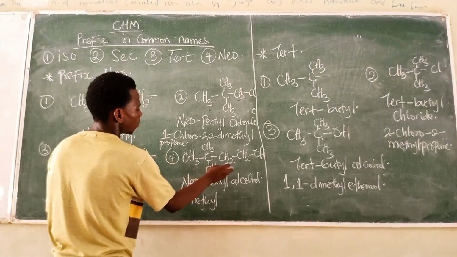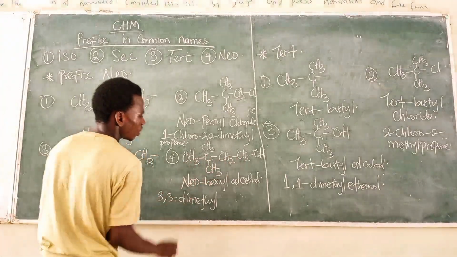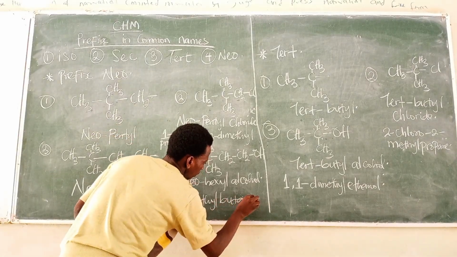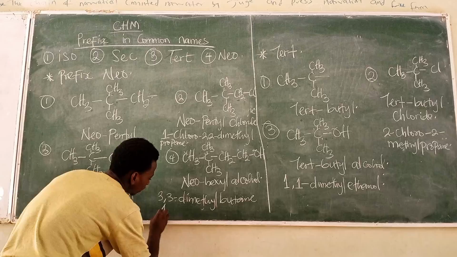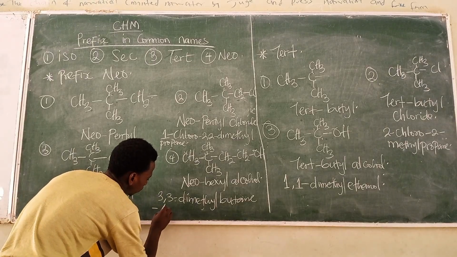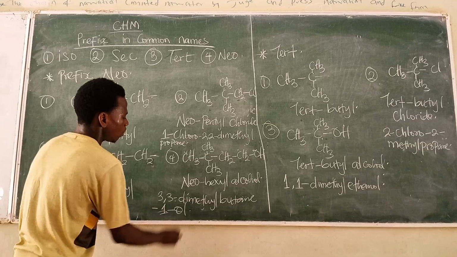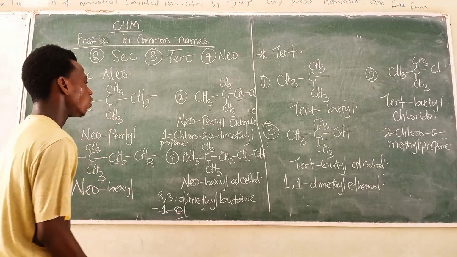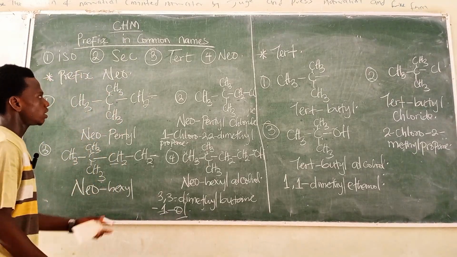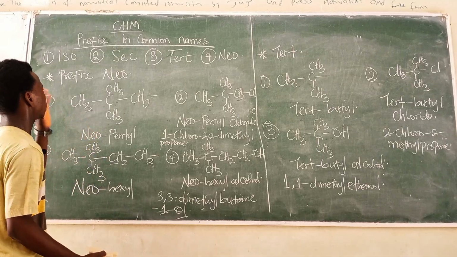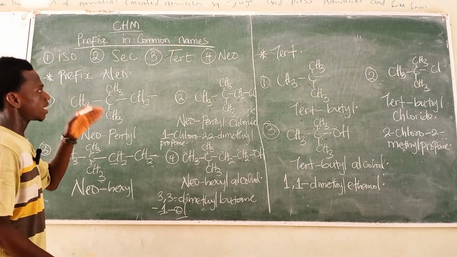The longest continuous carbon chain is 4 carbon atoms, which is butane, 1-ol. The ol indicates the alcohol functional group. So this is how you are able to name organic compounds using the prefix iso, sec, tert, and neo.